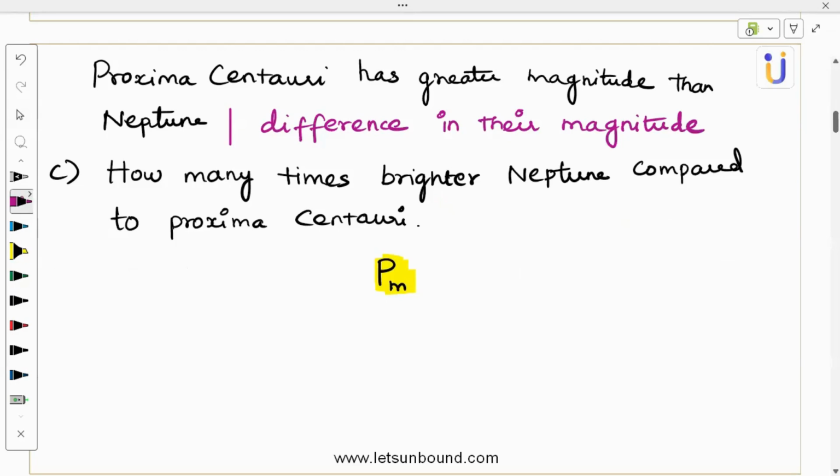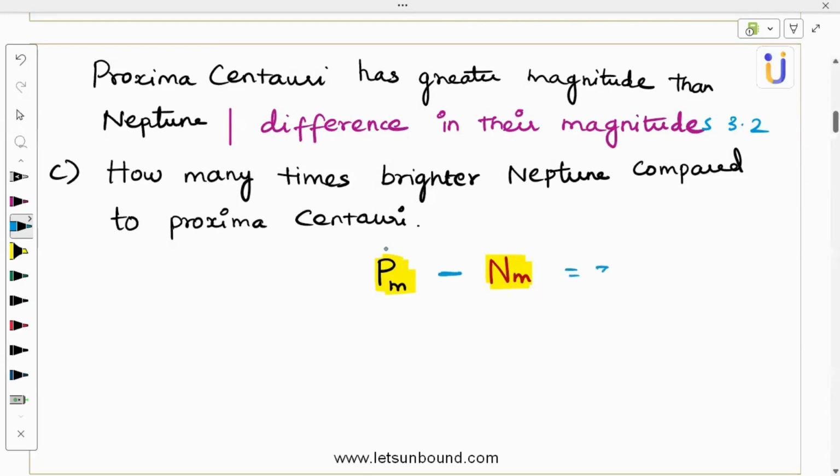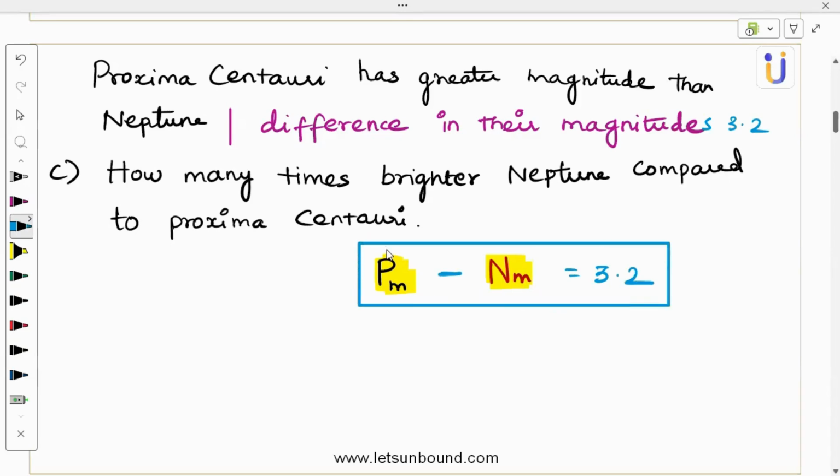And Neptune's magnitude, NM. Difference in their magnitude is given as 3.2. And Proxima Centauri has greater magnitude. So I should make PM minus NM equal 3.2. Okay, this is what we got from the description.